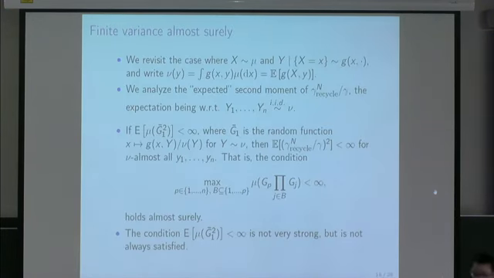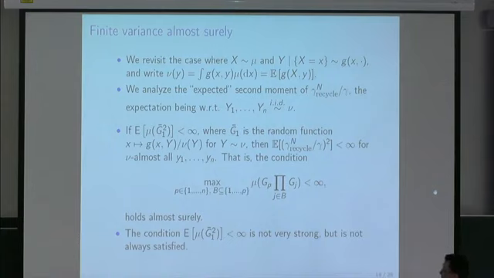So we revisit this case where x comes from mu and y, conditional upon x, comes from little g, and we write nu to be the density of y, which is the expectation of g of x and y, and we look at the expected second moment of the relative approximation.